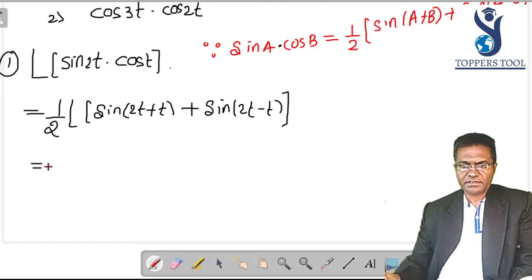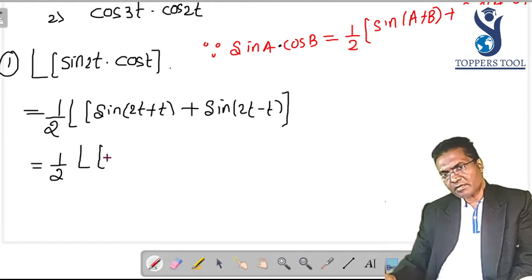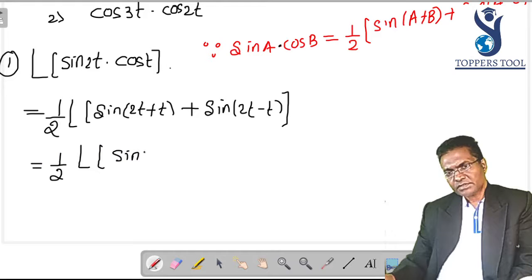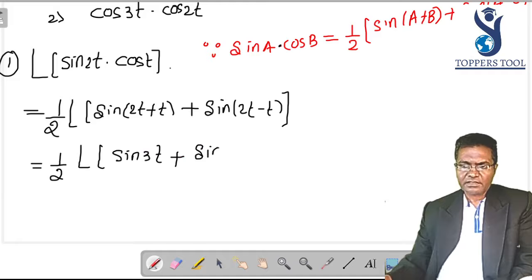This is half Laplace transform of sine 3t, plus sine t, since 2t minus t is t.